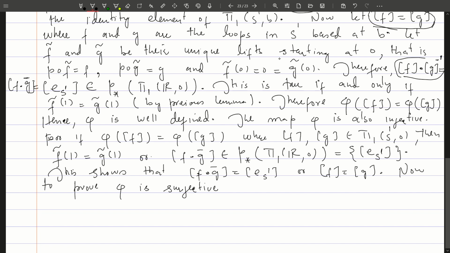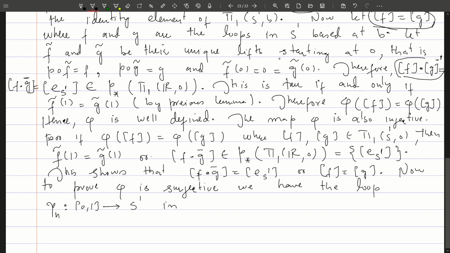we have a loop. Let us call this gamma n, from 0 1 to S1.